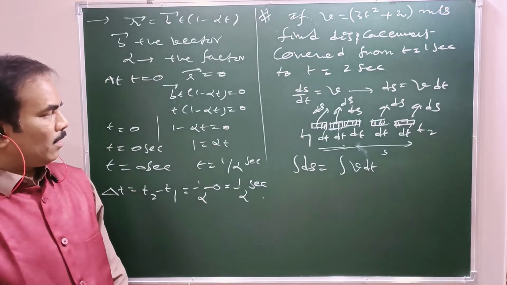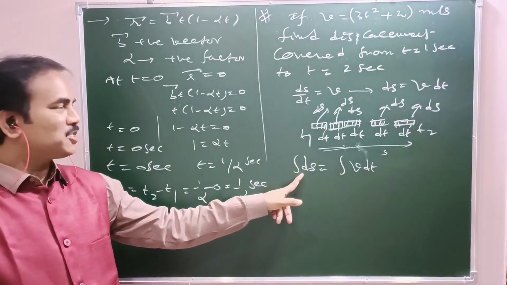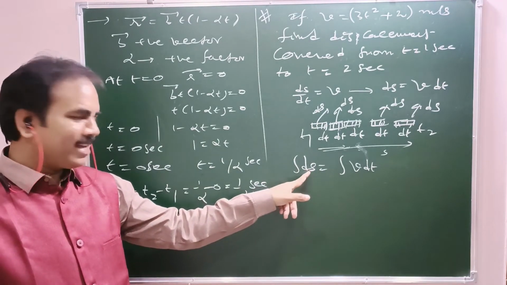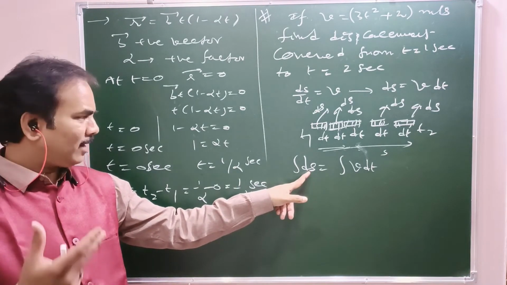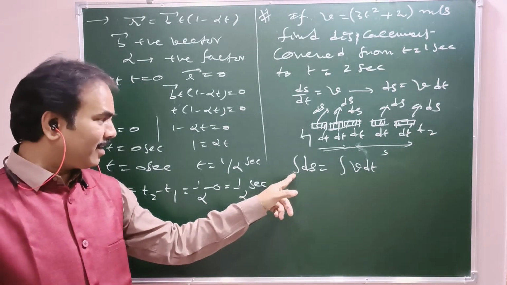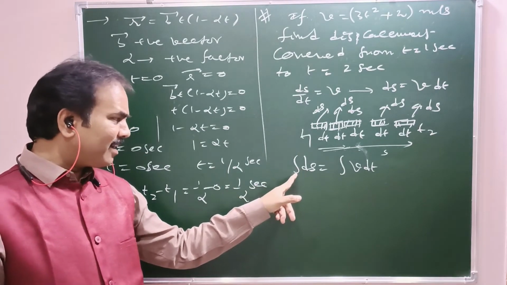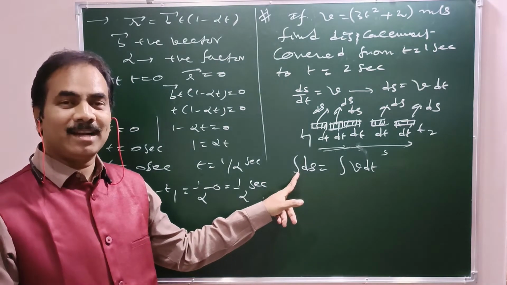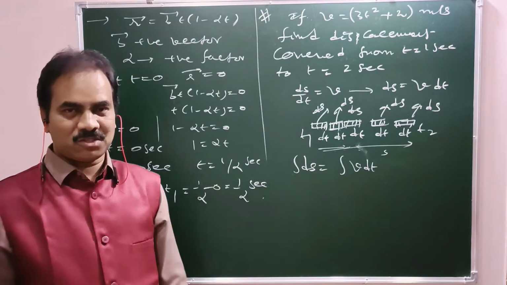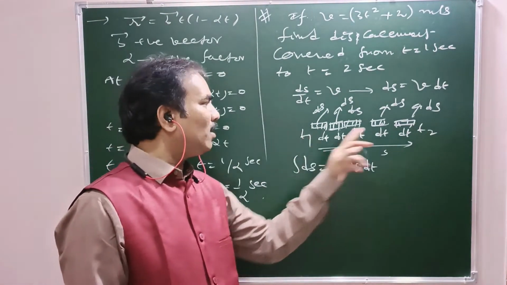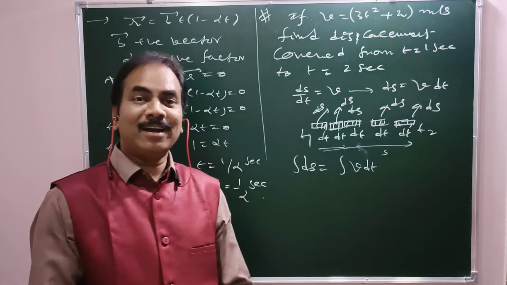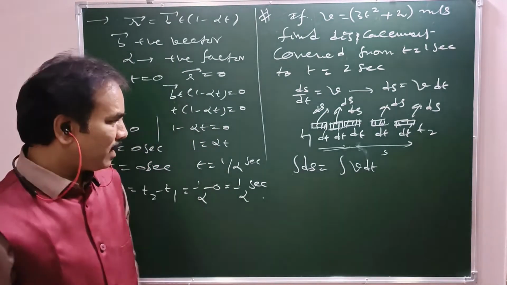What is the meaning of integration? Summation. If it is one ds, that is ds itself, but by taking integration we are adding all ds values in an interval from t1 to t2. So definitely it gives large displacement.